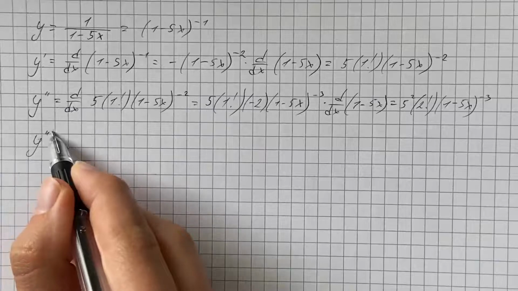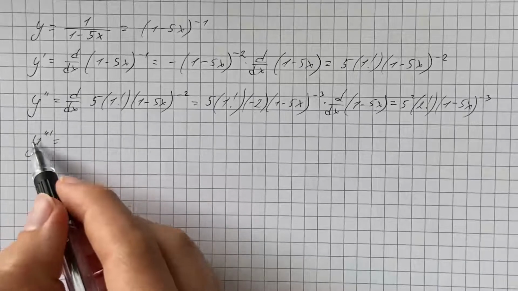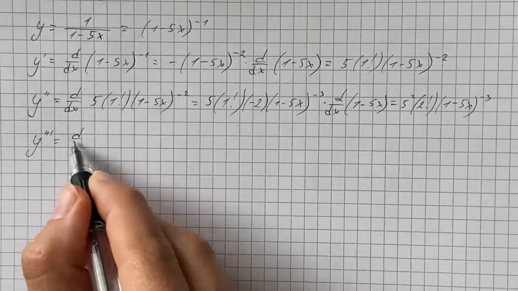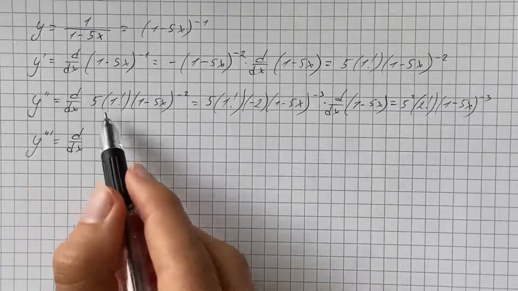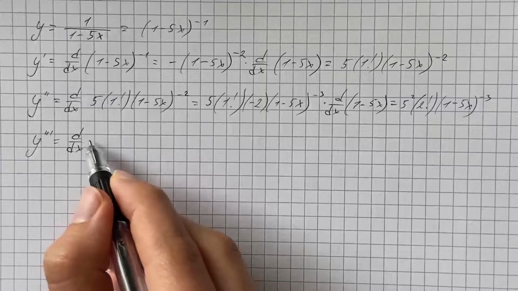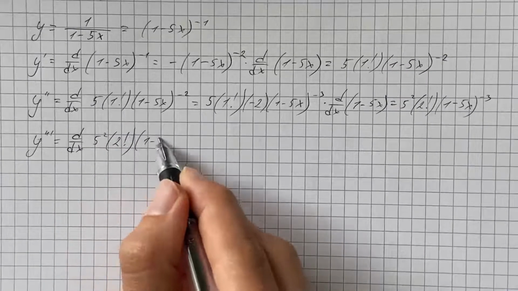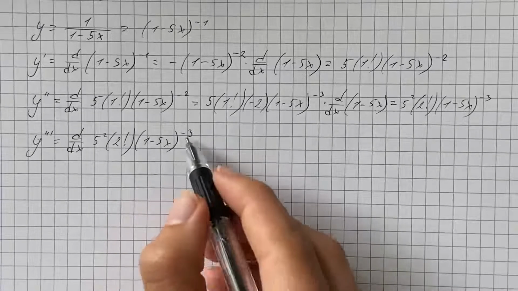Now we're going to repeat our actions and find y triple prime. So that's going to be the derivative of the second order derivative. So the derivative of 5 squared times factorial of 2 times (1 minus 5x) to the power of -3.